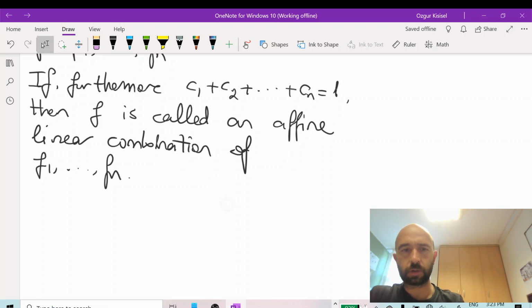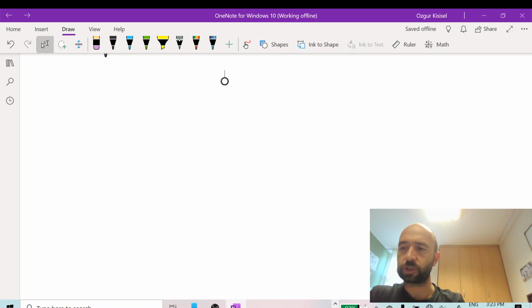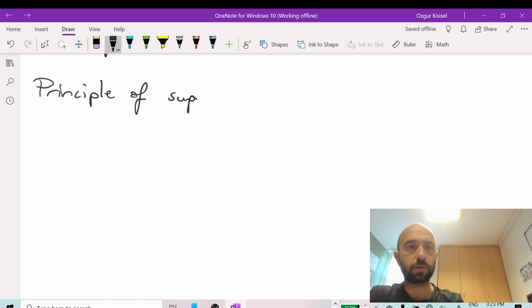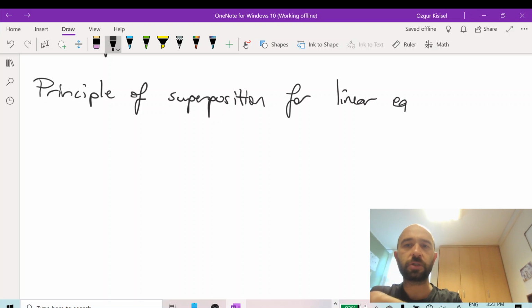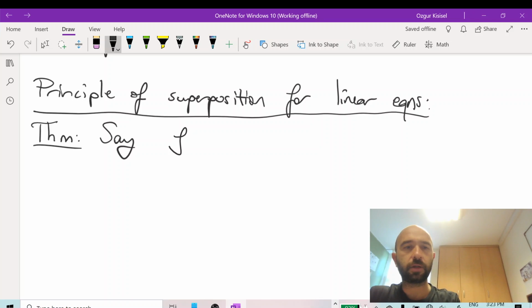Now here is the principle of superposition for linear equations. You can think about this as a theorem. Our assumption is, let's say we already have some solutions of our equation.